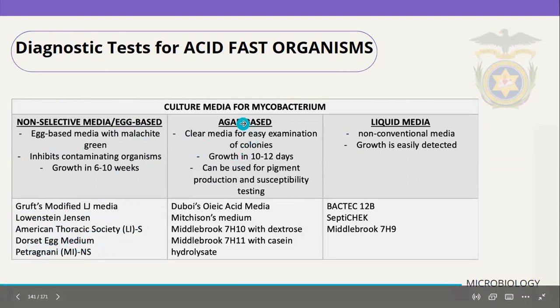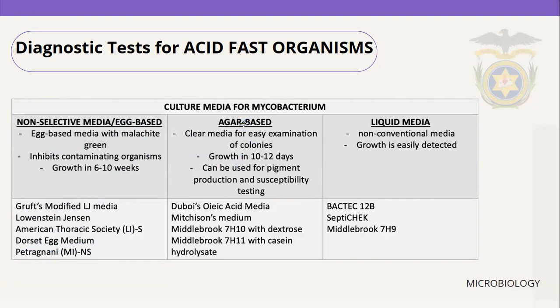medium. So for our agar-based, we have our clear media for easy examination of colonies, and growth can be seen in 10 to 12 days, and these media can be used for pigment production and susceptibility testing. We have four examples rather.